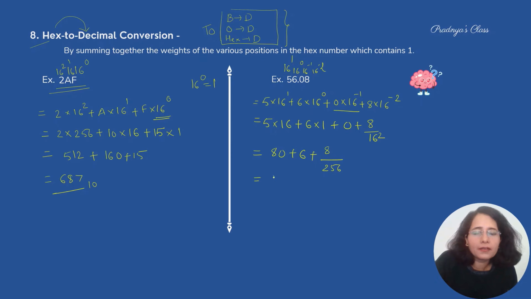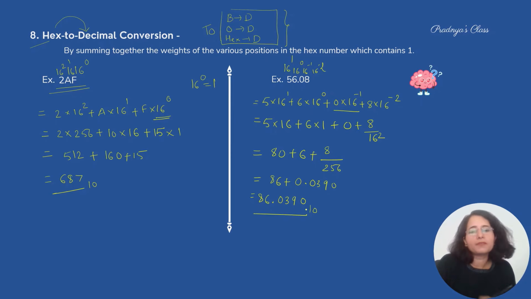Then this is 86 plus the fractional part, which is 0.0390. So after adding we'll get 86.0390. This is our final number in decimal.